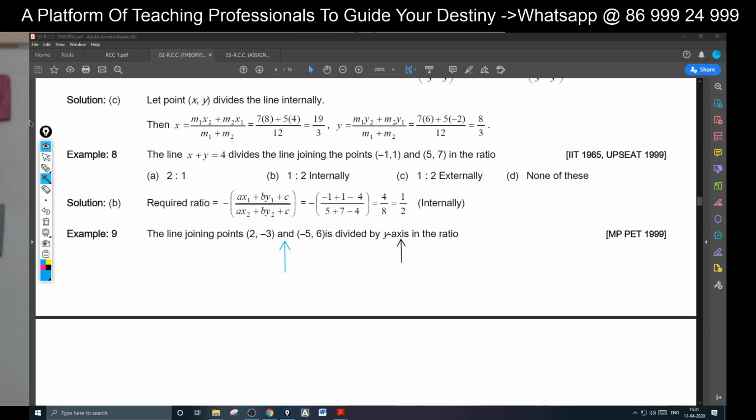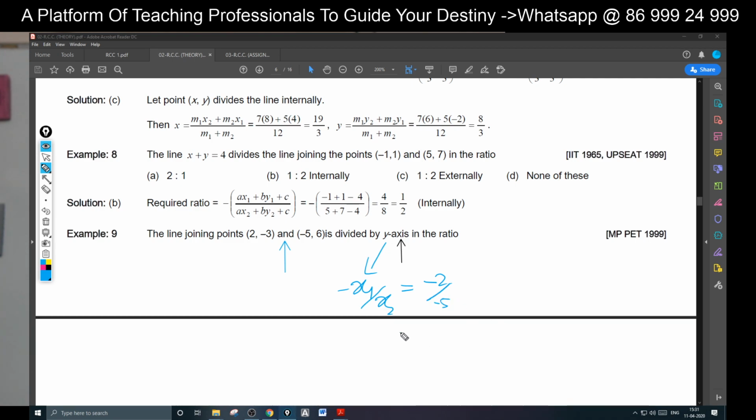Now, what is the formula we have learned? Because it is the y-axis, you know. For the y-axis, what is the formula we have learned? Minus x1 by x2. So minus x1 means 2, by x2 means minus 5.